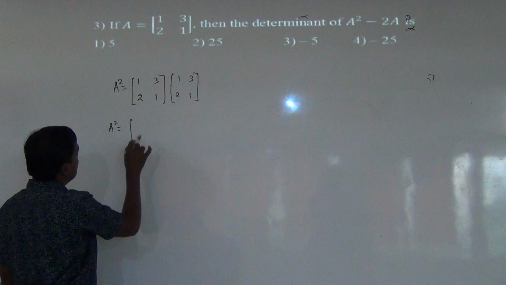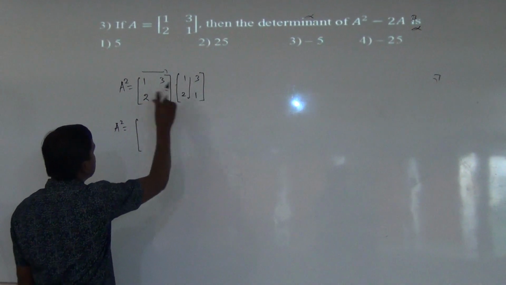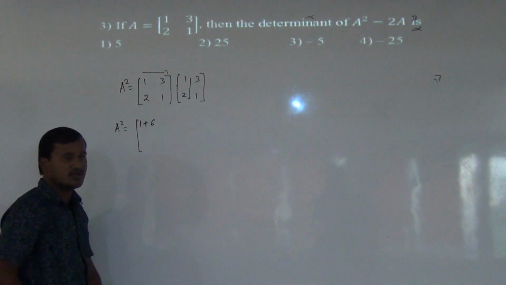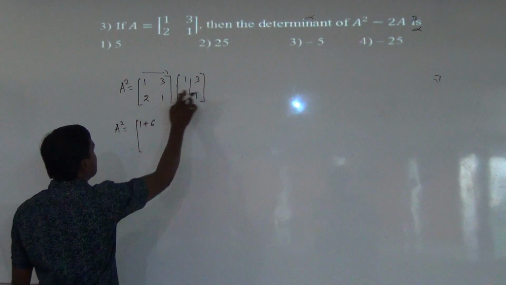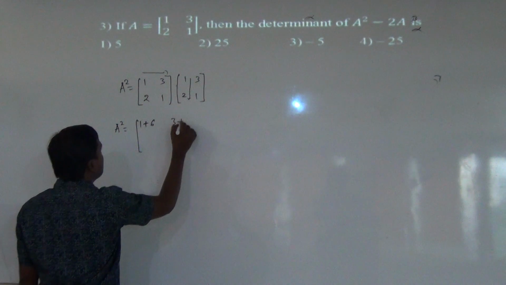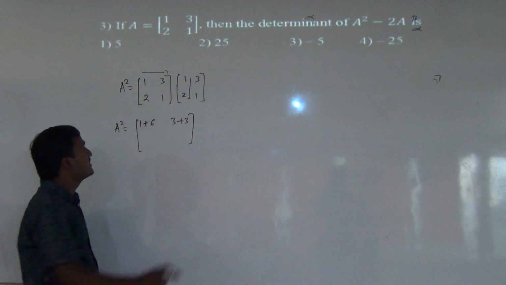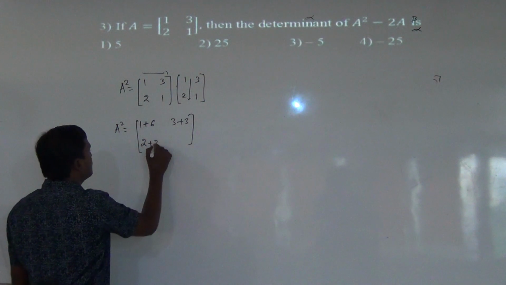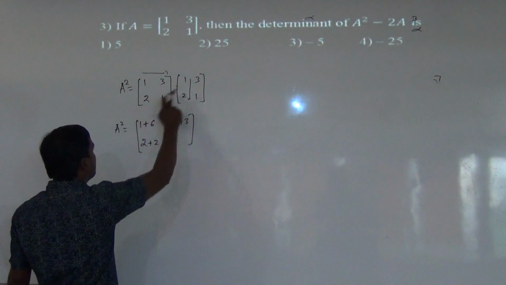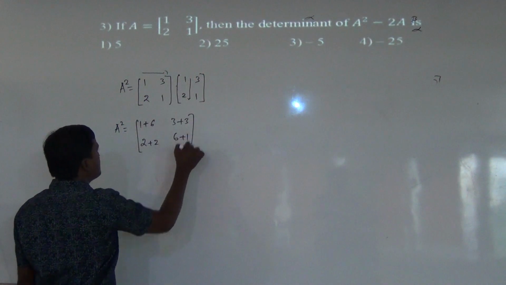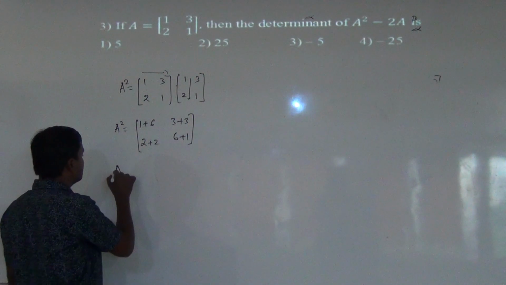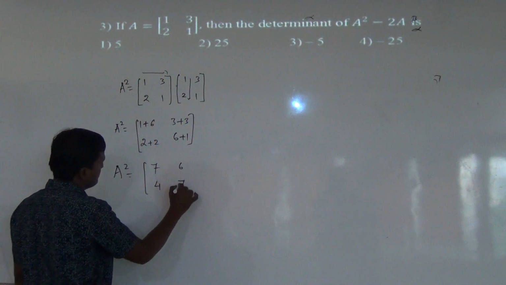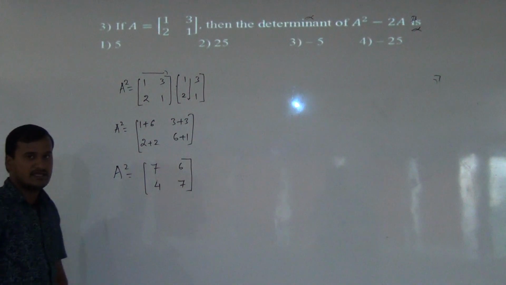Therefore A square is equal to, multiply these: 1 into 1, 1 plus 3 into 2, 6. Next, first row with second column, 1 into 3, 3 plus 3. Next, second row with first column, 2 into 1, 2, 1 into 2, 2. Next, second row with second column, 6, 6 plus 1. So simplify this one. A square is equal to [7, 6; 4, 7]. So this is the value of A square.